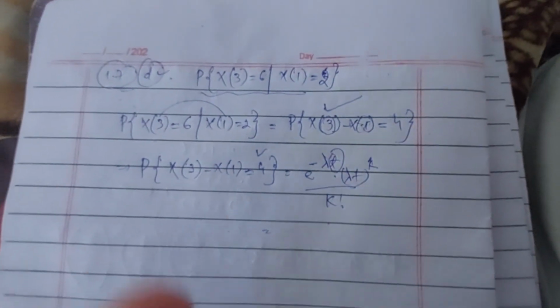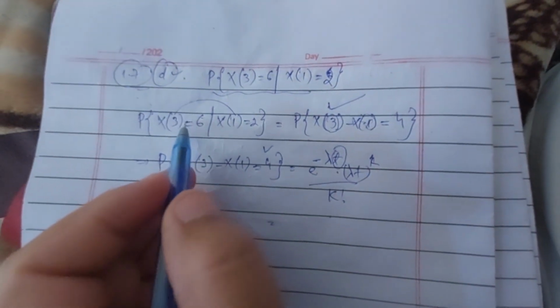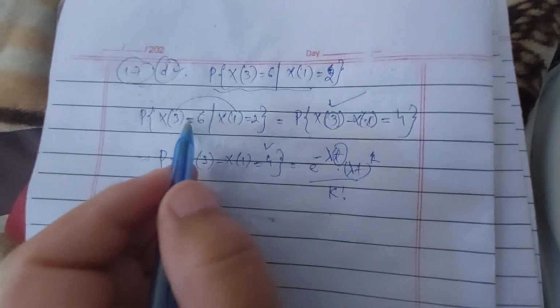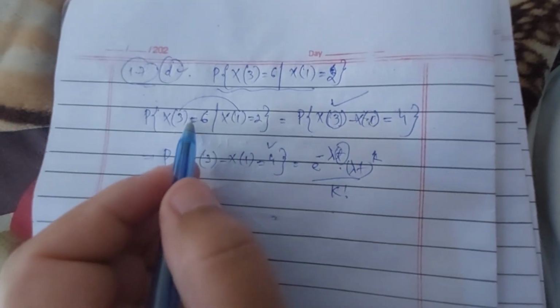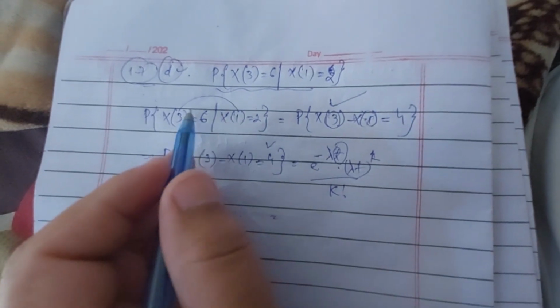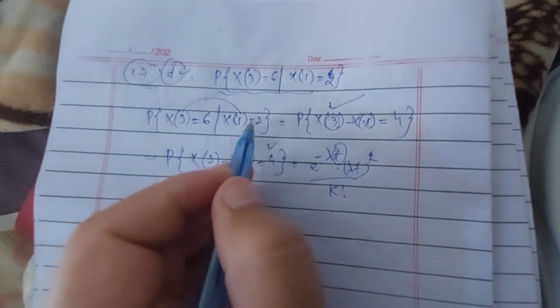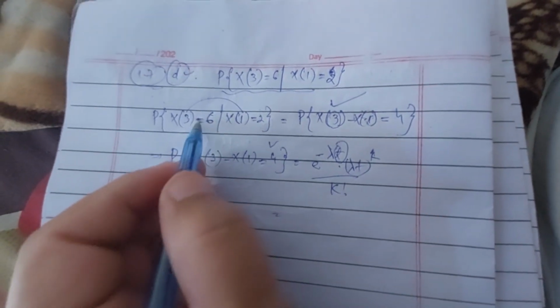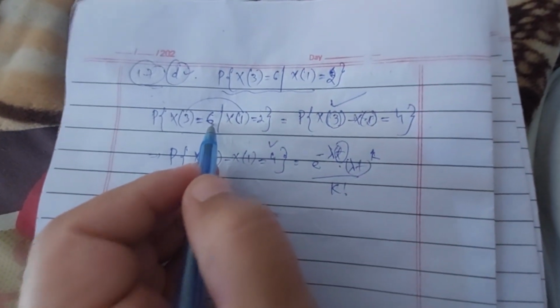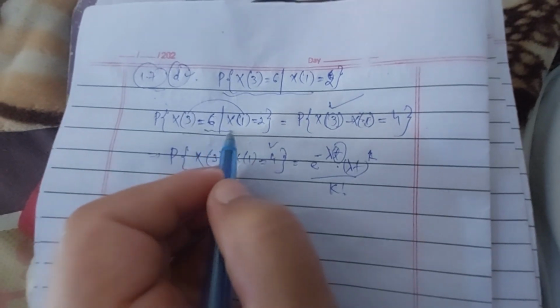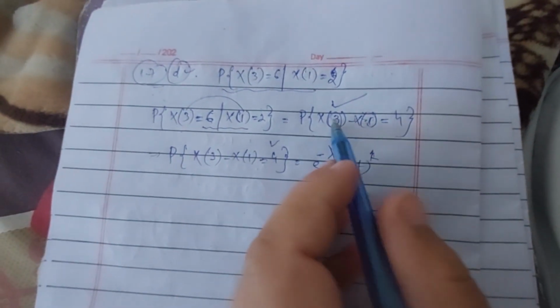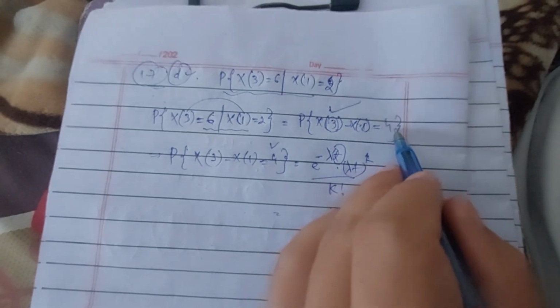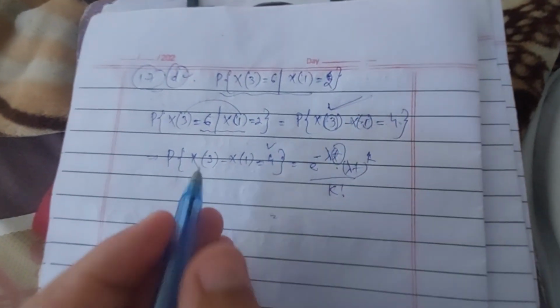We have a total of 3 hours, and in between 2 hours we want to find whether we have a total of 4 events occurring, because in the first hour we already know that 2 events occurred, and up to the third hour 6 events occurred. So in between we must have 4 events. So X of 3 minus 1 is equal to 4. This is the answer.